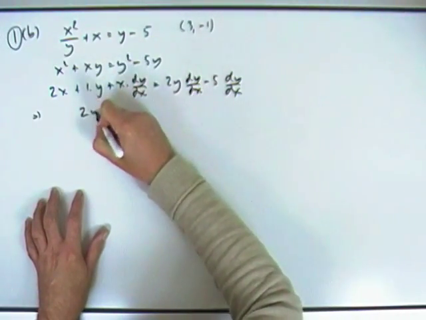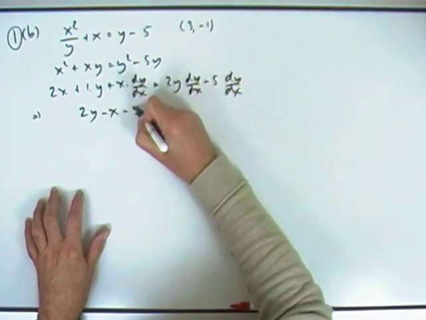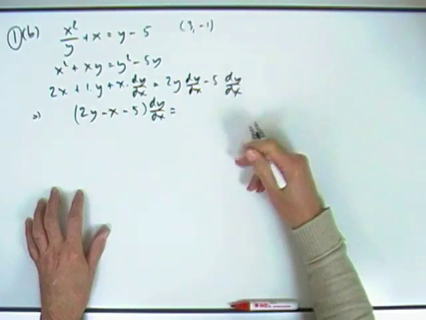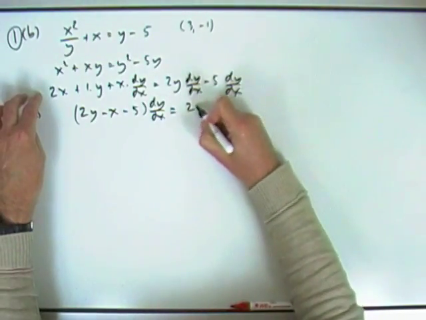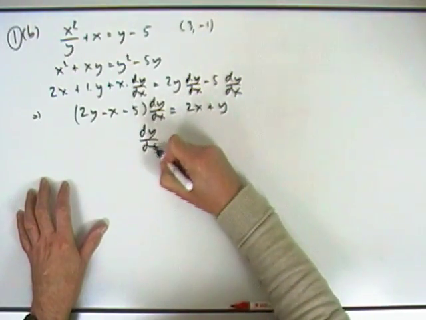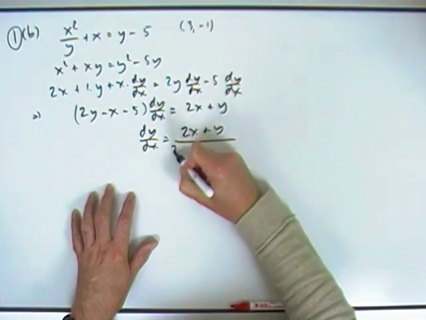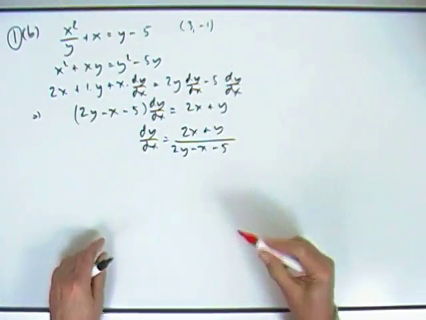So I've got my 2y minus the x lots of it minus the 5 lots of it for dy by dx equals what's over that side, and what's over that side is a 2x plus a y. So dy by dx is going to be 2x plus y over 2y minus x minus 5. Right, that was the first bit.